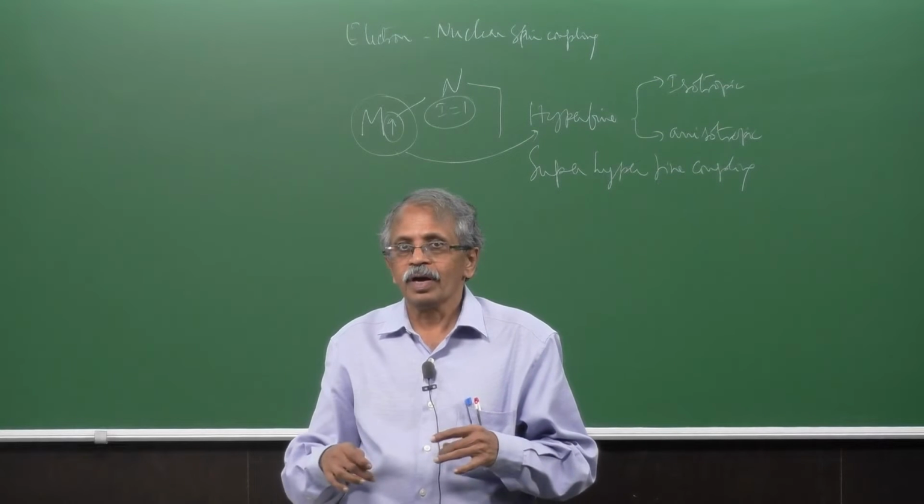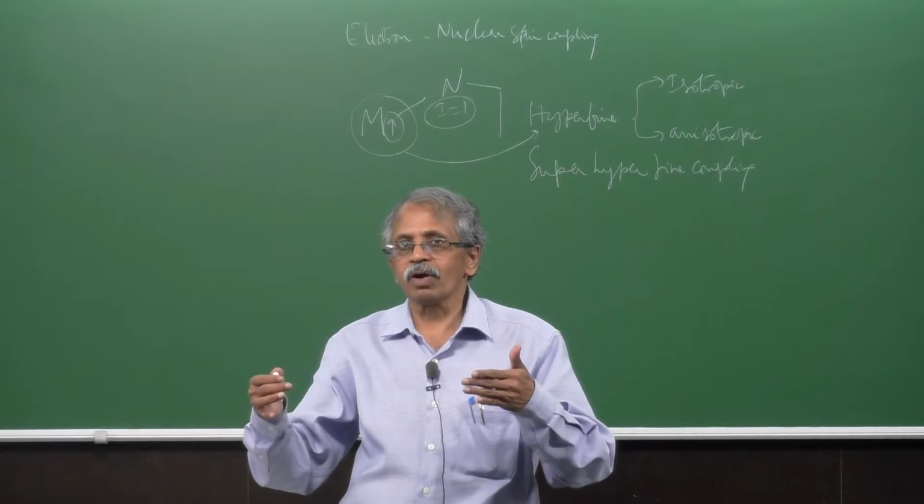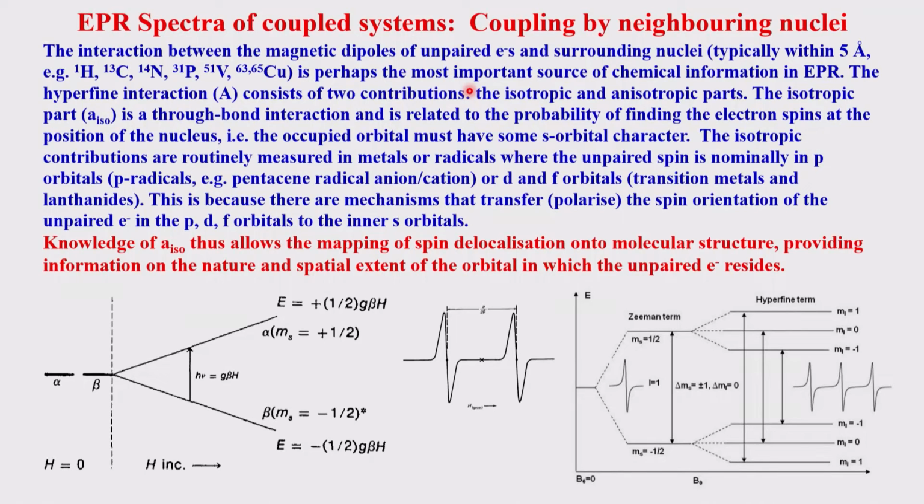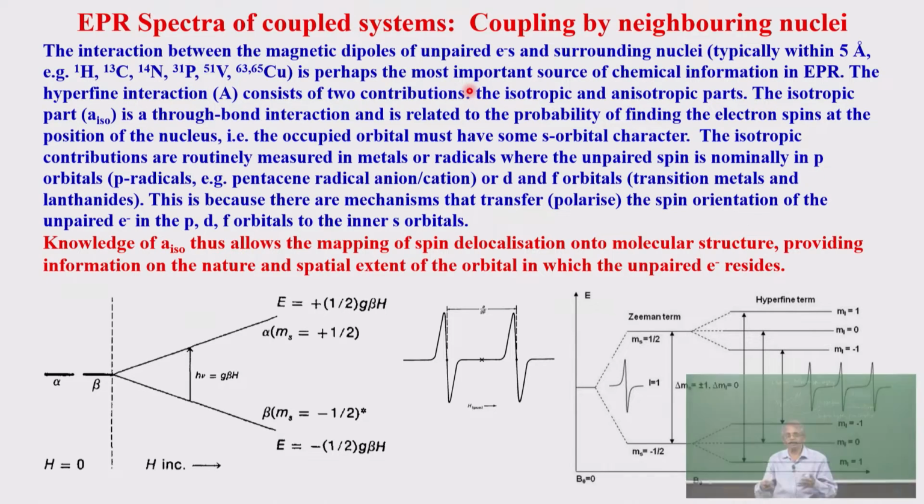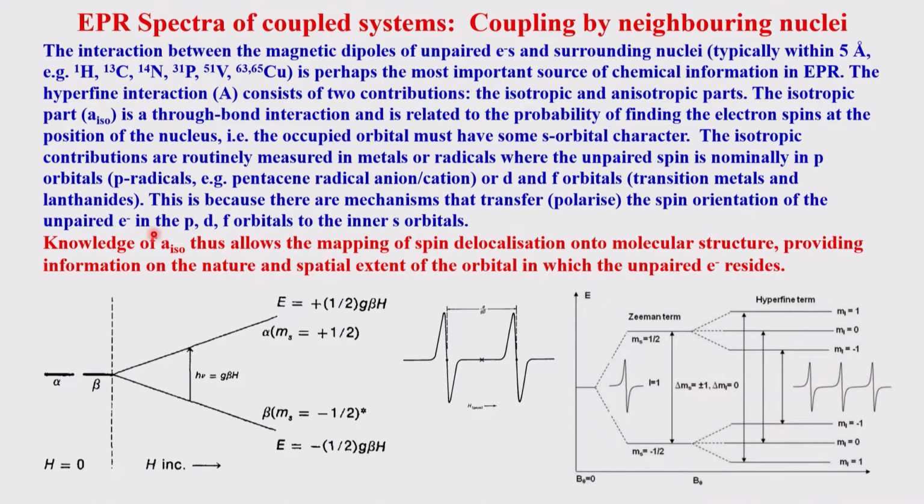Most often you have orbitals which are combined, and some level of s character will always be there, and that s character is felt at that nucleus. For example, spins normally found in radicals, or d and f orbitals, transition metals, lanthanides, etc. The electrons belonging to these will have some s electron density at the nucleus.